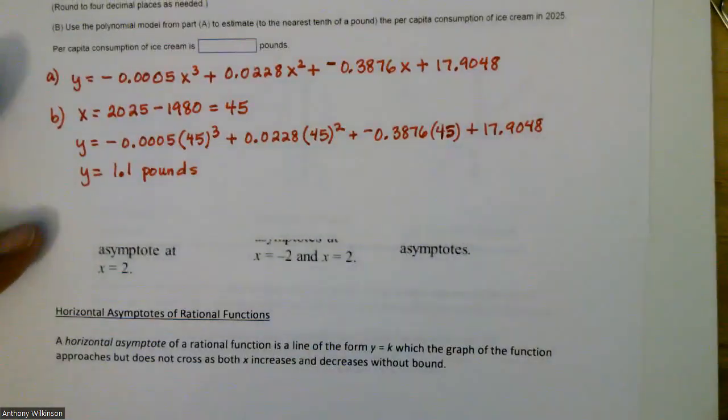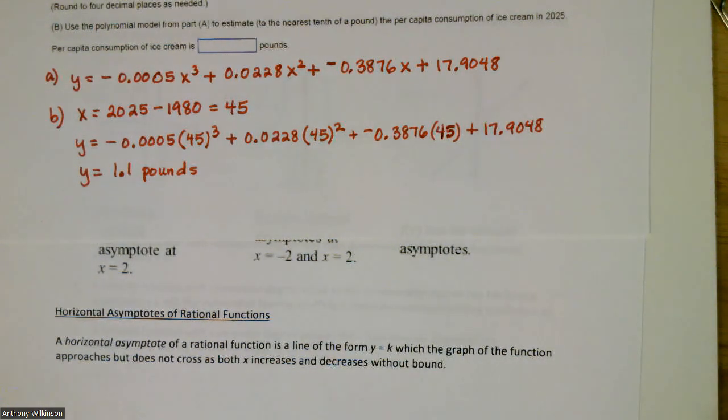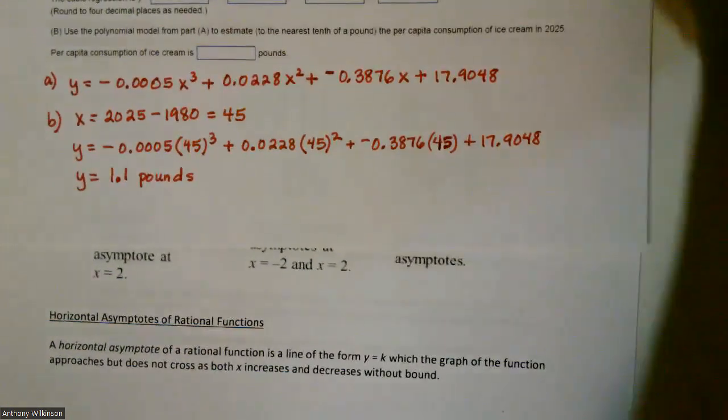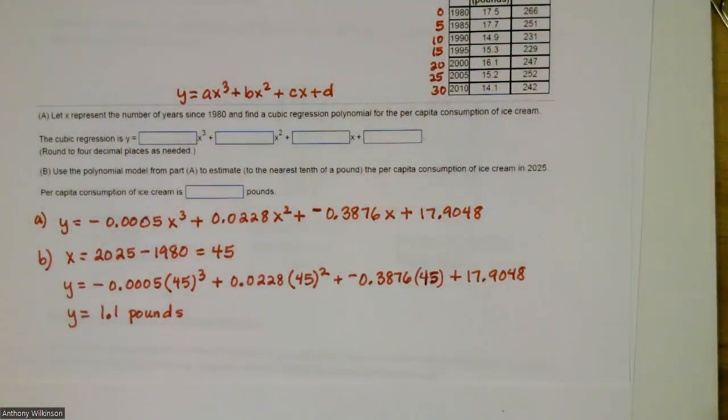So per capita consumption of ice cream in 2025 would be approximately 1.1 pounds. All right, so that's how we use that regression equation, and how we use our calculator to come up with the cubic regression equation and simplify.